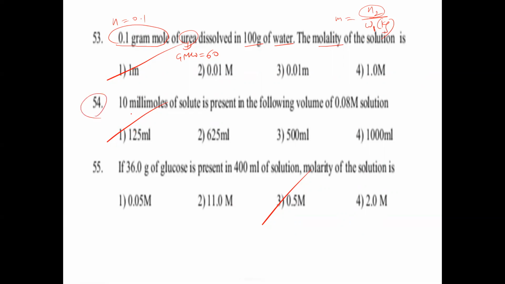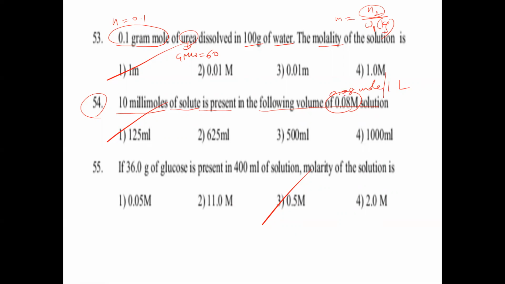Next one. 10 millimoles. Number of millimoles of solute, 10 millimoles, is present in the following volume of 0.08 molar solution here. 0.08 moles per 1 liter. 1 liter means how many ml? 1000 ml. In 1000 ml solution, 0.08 moles of the solute is present.